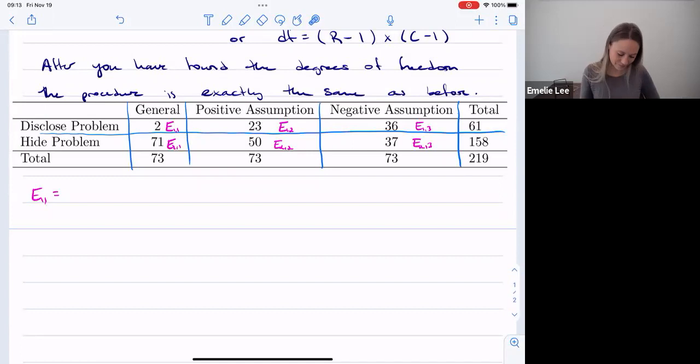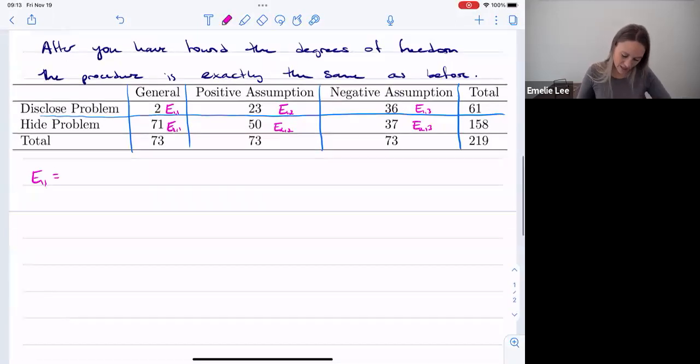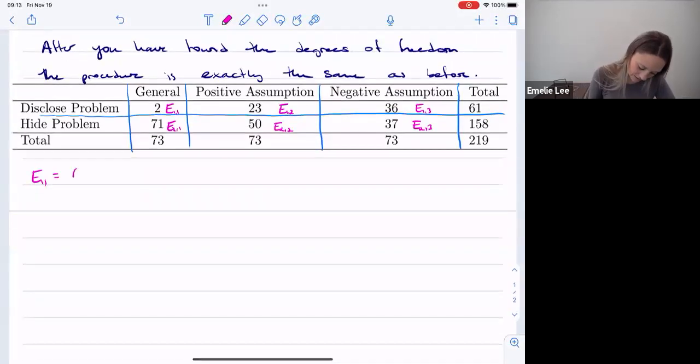And anyways, some tests they did. So here, what you would have is 61. Technically, you would have 61 divided by 219 and then times it by 73. But multiplication and division, we can smush them together and it looks a lot nicer if we just take 61 times 73 divided by 219.